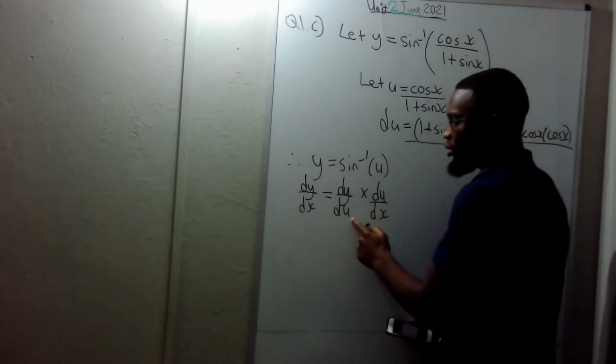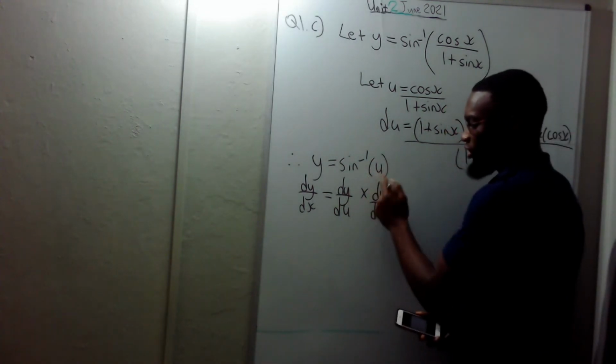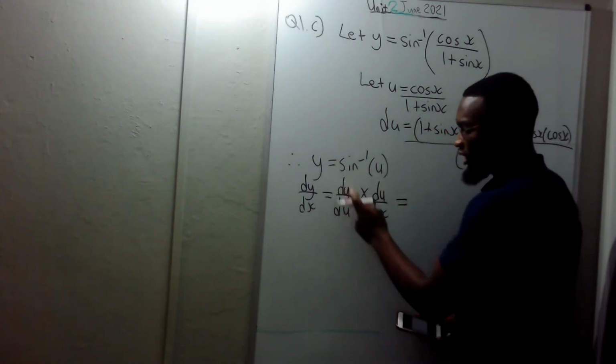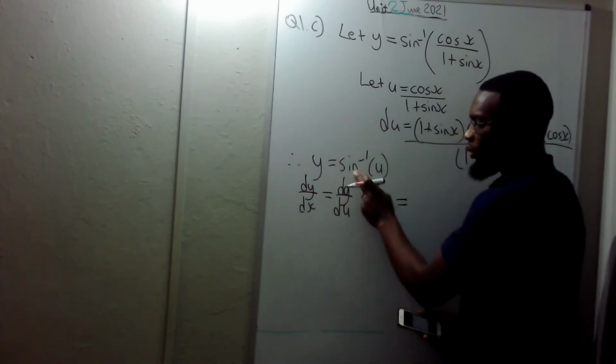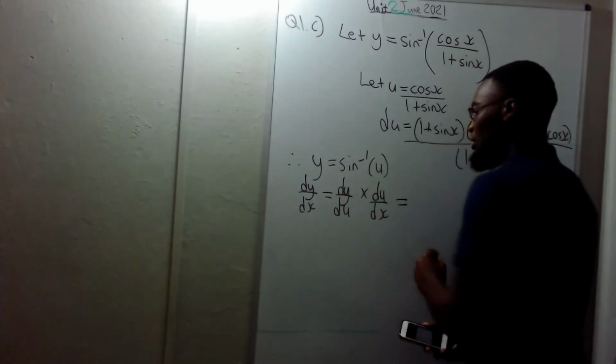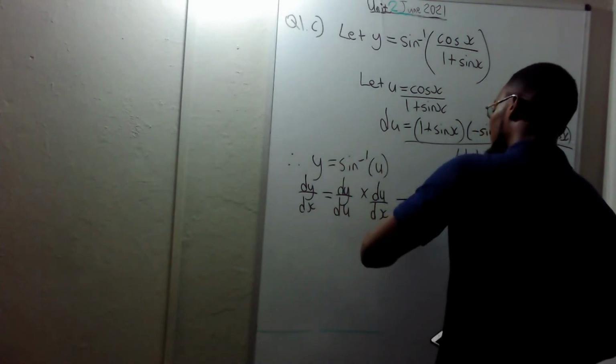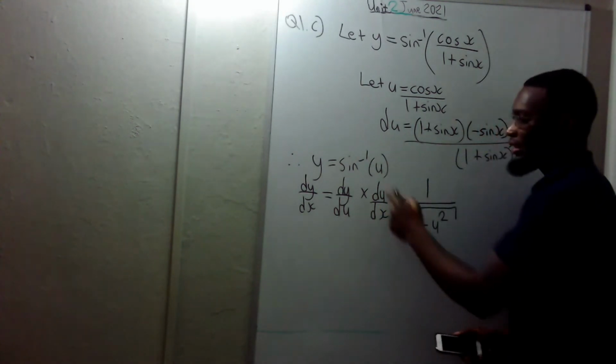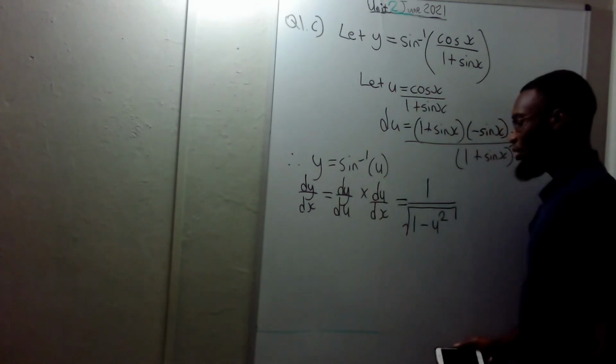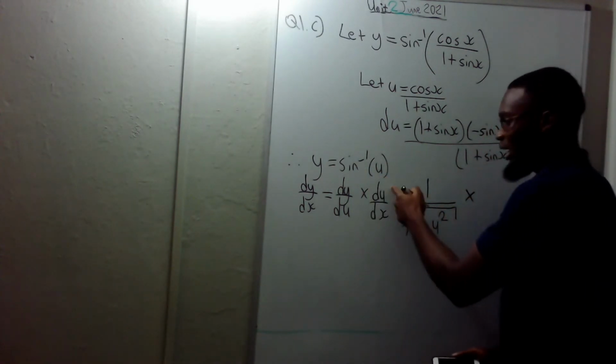To find dy by du, when I differentiate sine inverse of u, I get 1 over the square root of 1 minus u squared. That's the derivative of sine inverse of u, times du by dx.